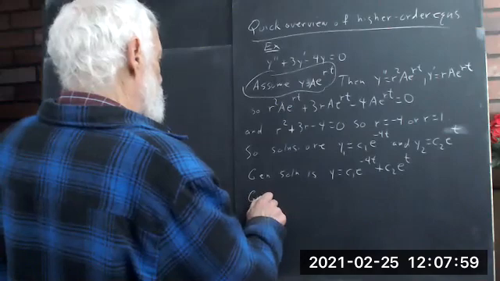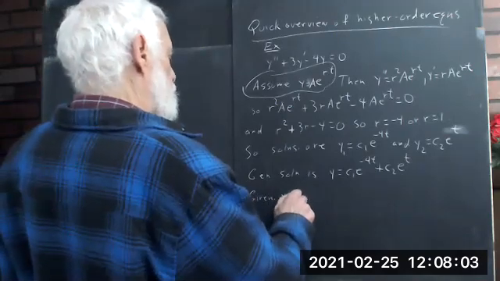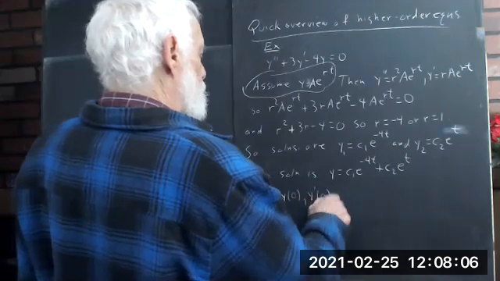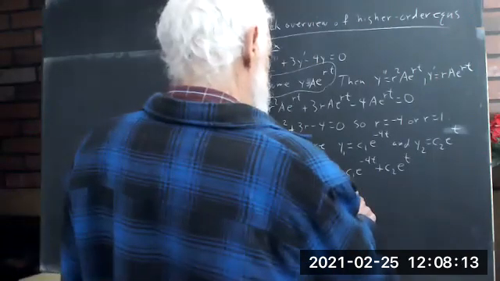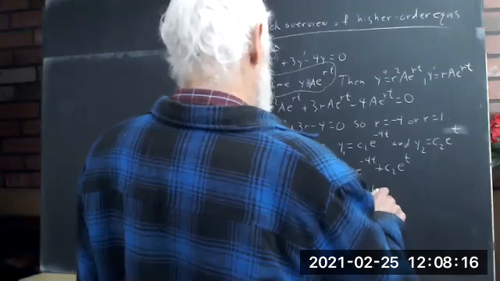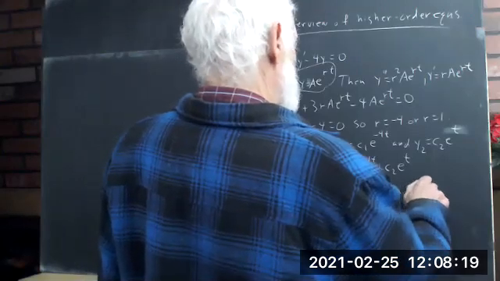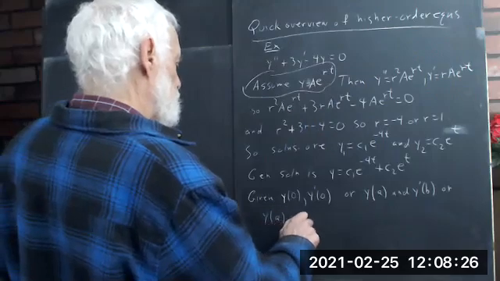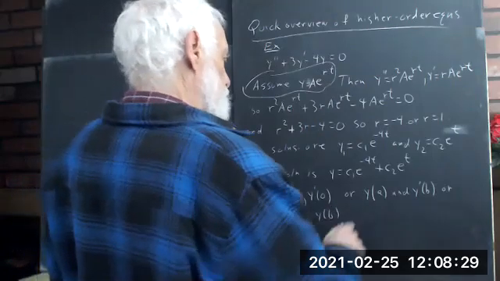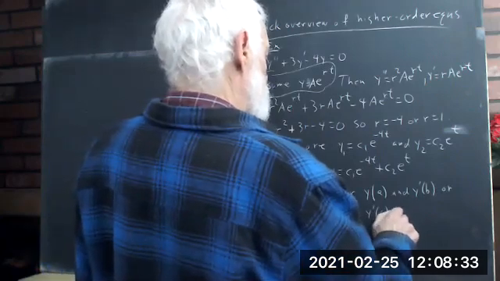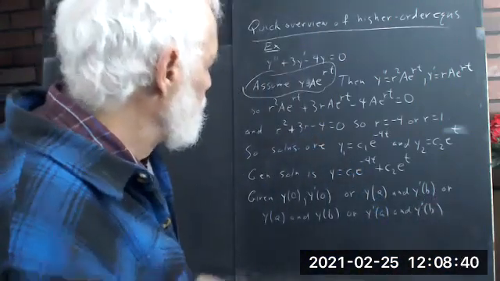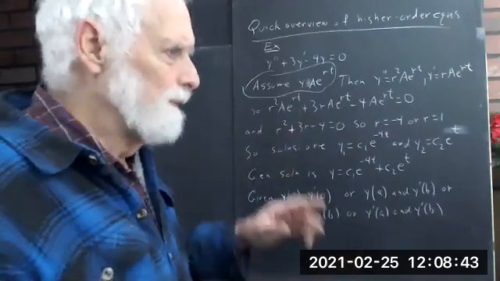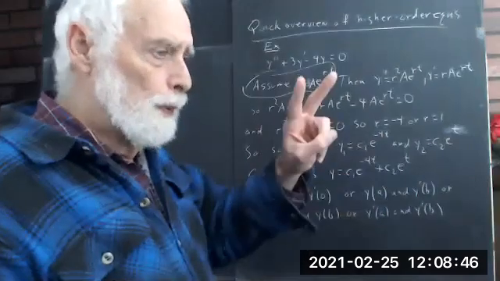And in light of what I said, given, let's say, y of 0 and y prime of 0 now, or any combination of values and derivatives at 2 points.